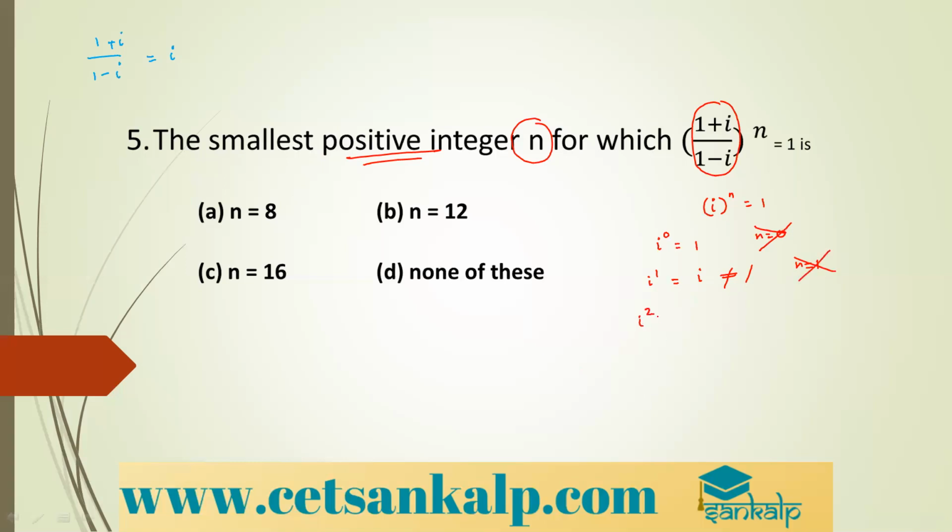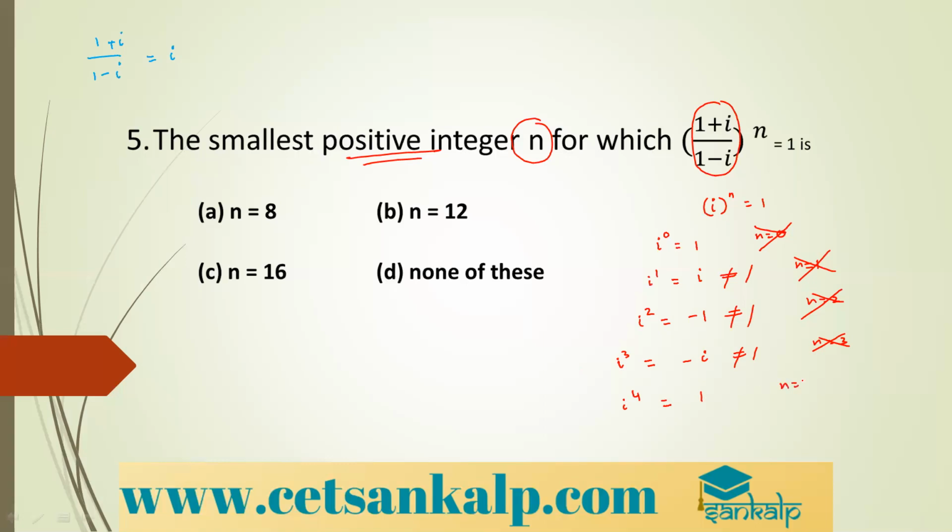If you take i square, it is minus 1. It is not equal to 1. So n equal to 2 also you can't take. If you take i cube, it is minus i. It is not equal to 1. So n equal to 3 also you can't take. If you take i power 4, yes, this is 1.